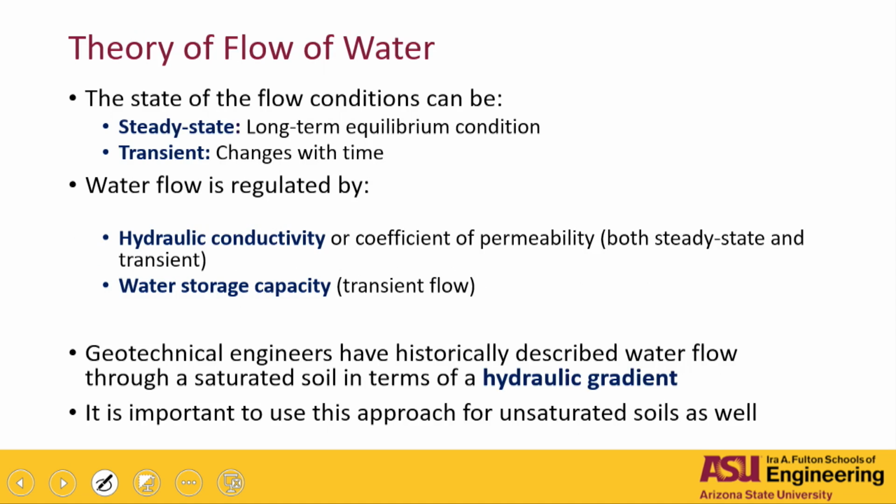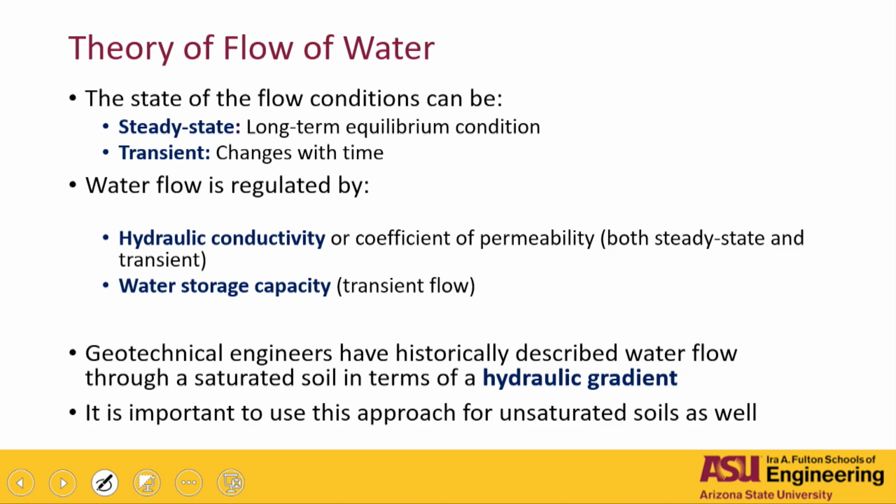So the state of the flow conditions can be steady state. That means it's a long-term equilibrium analysis, and also the transient condition, right? And transient means only that it changes with time, right? So most of these problems are water flow under transient flow conditions. Unless you're doing some stability analysis or a long-term analysis, that's how we design for slope stability, it is an equilibrium analysis, then we go for steady state conditions.